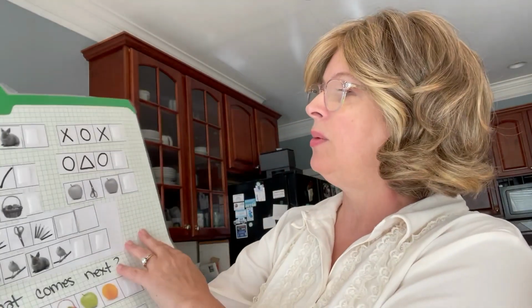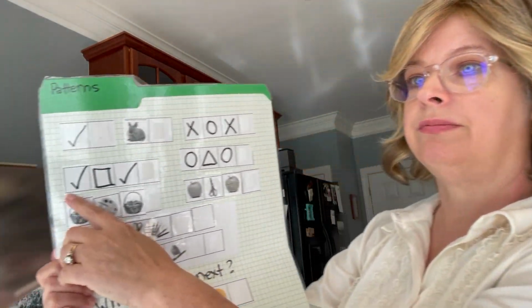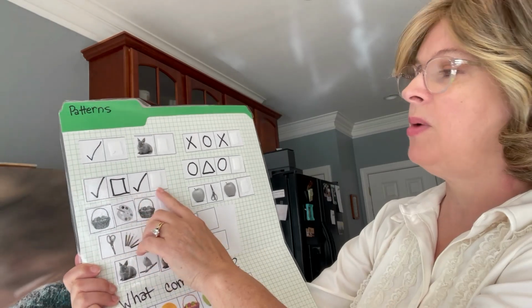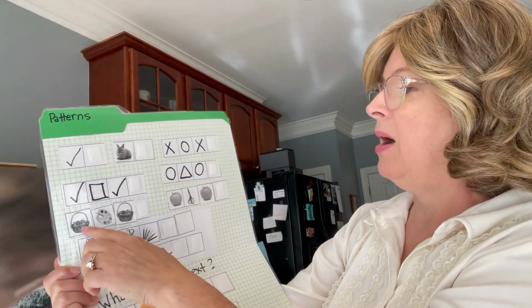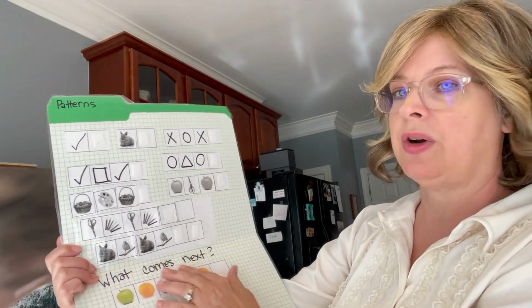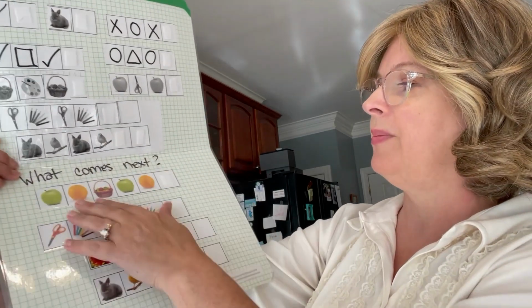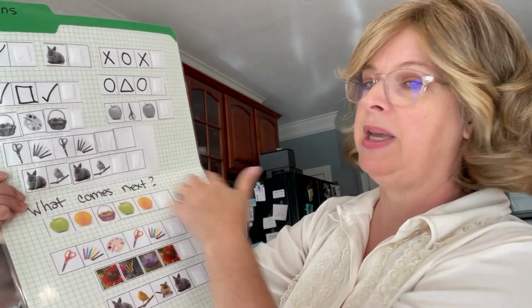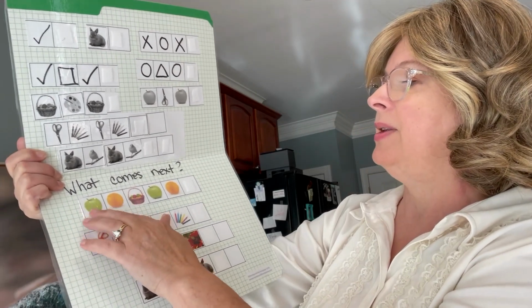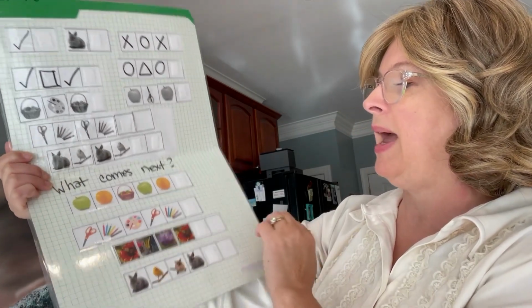And then there's actual patterns, you know, check mark, box, check mark, square. Then these are the pictures where it starts to be from Montessori for Everyone. So these are AB patterns. And then this is an ABC pattern.